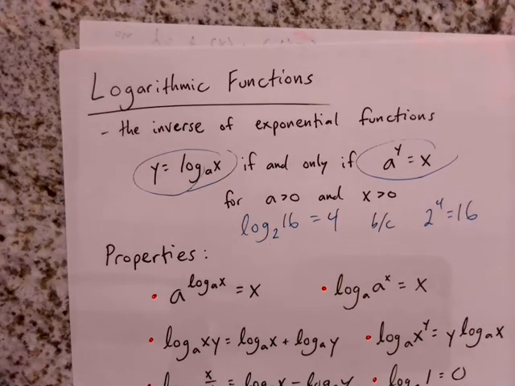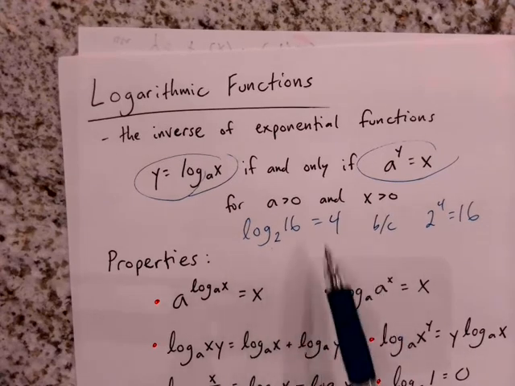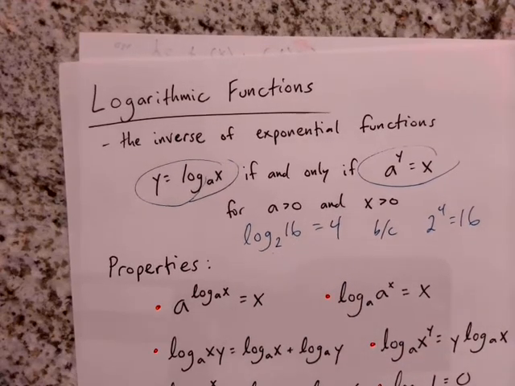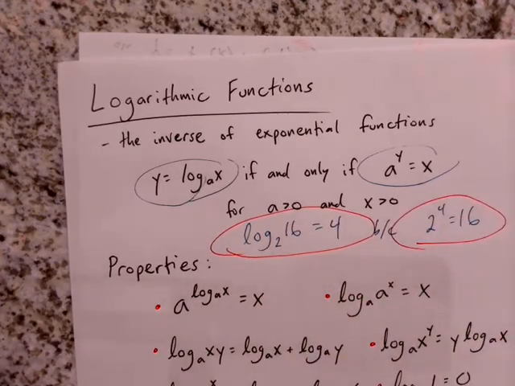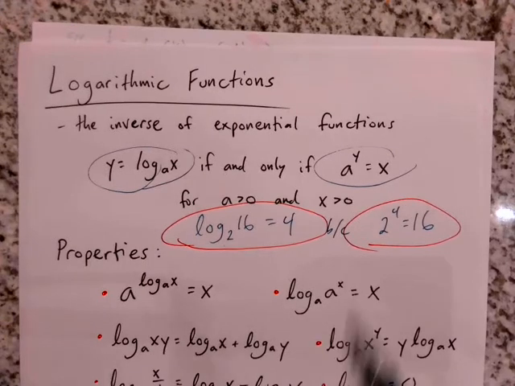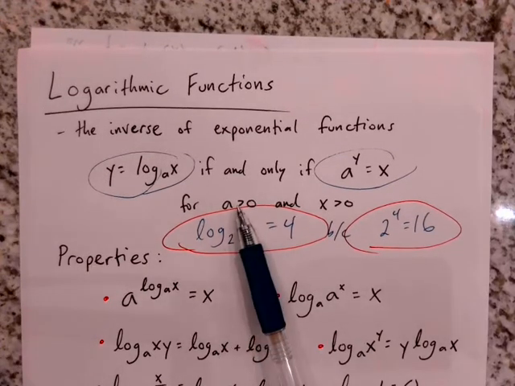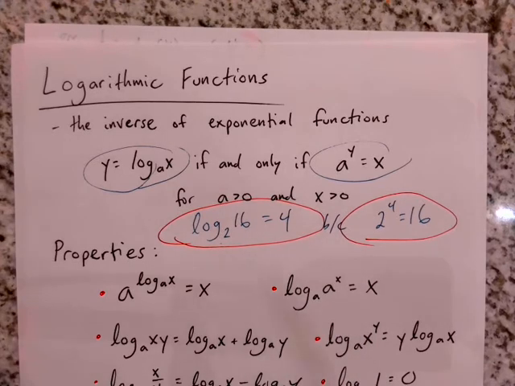So logarithms give you exponents. It gives you the exponent that you have to raise the base to in order to get that number right there. But these two are saying the exact same thing, just in two different forms. And just like exponential functions, this is only valid for the real numbers if you have a positive base and if x is positive. There's a few reasons for that.